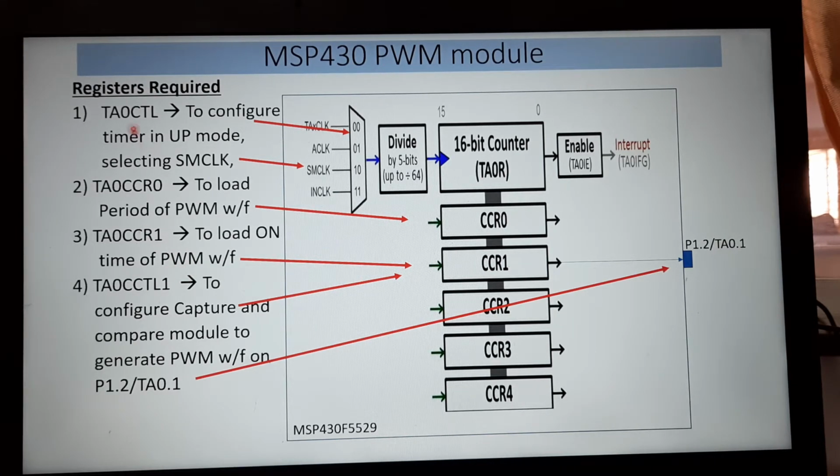These are the registers which you need to configure to generate the pulse width modulation waveform. Whatever pulse width waveform I'm generating is available on pin P1.2, multiplexed with TA0.1. So I'll get the PWM waveform on this pin. If I apply this PWM waveform to a bulb or to the motor, I can see the variation in intensity or control the speed.